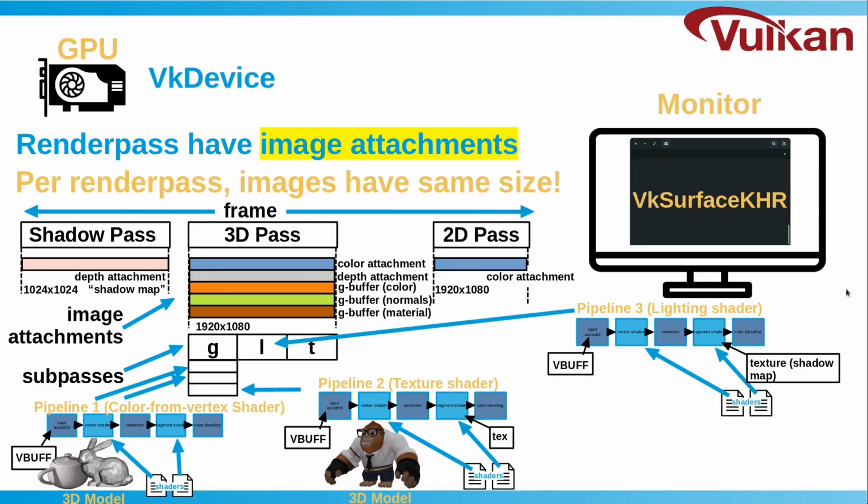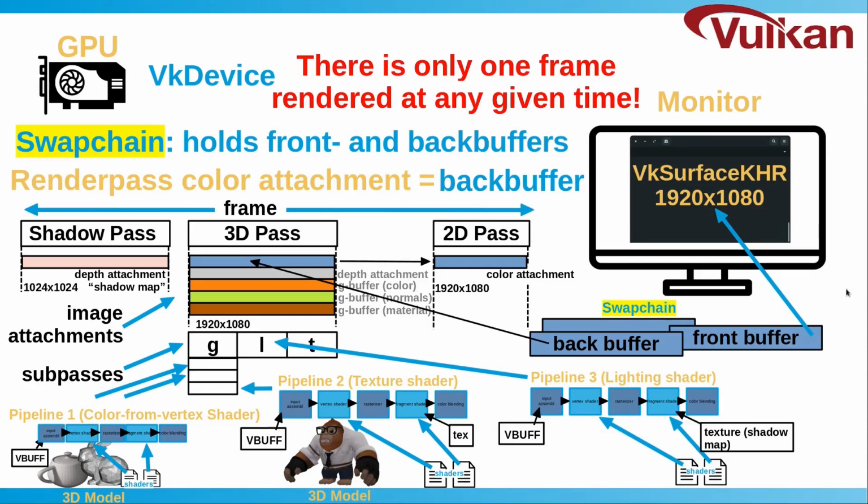Okay, we covered already a lot of ground, but one link that is still missing is the swap chain. The swap chain gets the color attachment of our render pass sequence to the window on our monitor. But first, you need to understand that there's only one frame rendered at any given point in time on the GPU.